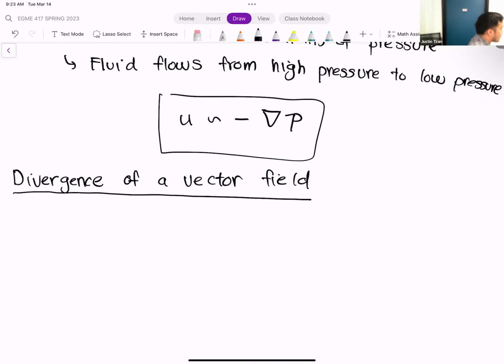Okay? And so that's kind of an important distinction. So for a gradient, we started with a scalar field, basically a single valued function. Right? Now we're taking the divergence of a vector field. So remember, a vector field is multivariable and multi-valued.